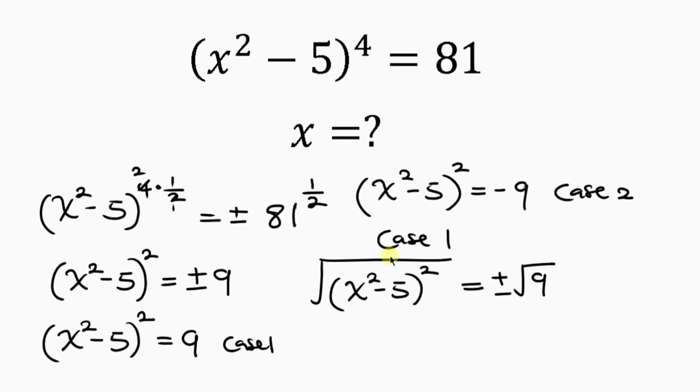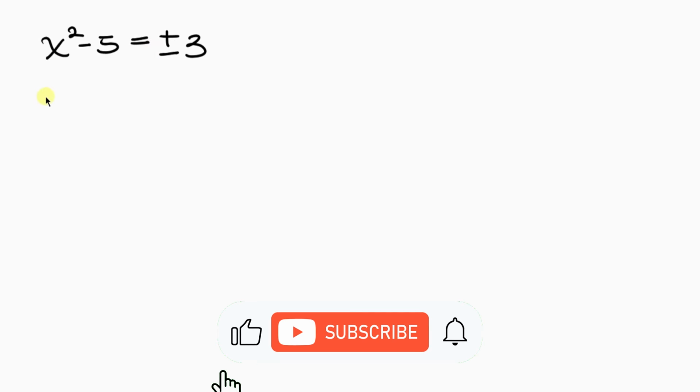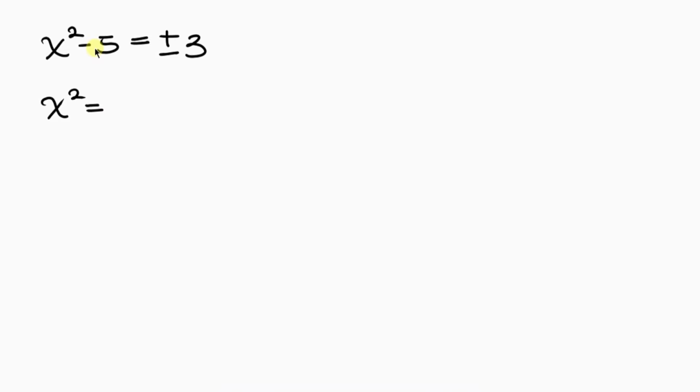Now notice that this square root will cancel out the square, leaving behind x² − 5 to be equal to plus or minus the square root of 9, which is 3. Now our next step will be for us to move negative 5 to the right. So we have x² to be equal to, as negative 5 crosses to the right, it becomes positive 5. Here we have plus or minus 3.